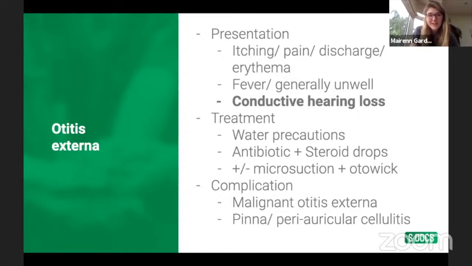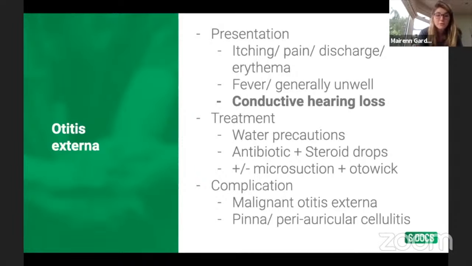Complications of otitis externa include malignant otitis externa. So this is an ENT emergency and patients need to be admitted. They will be given a high dose of antibiotics for a longer period of time to ensure resolution. But it's more risky here because you risk damage to the facial nerve and also intracranial progression, so infections of the brain.